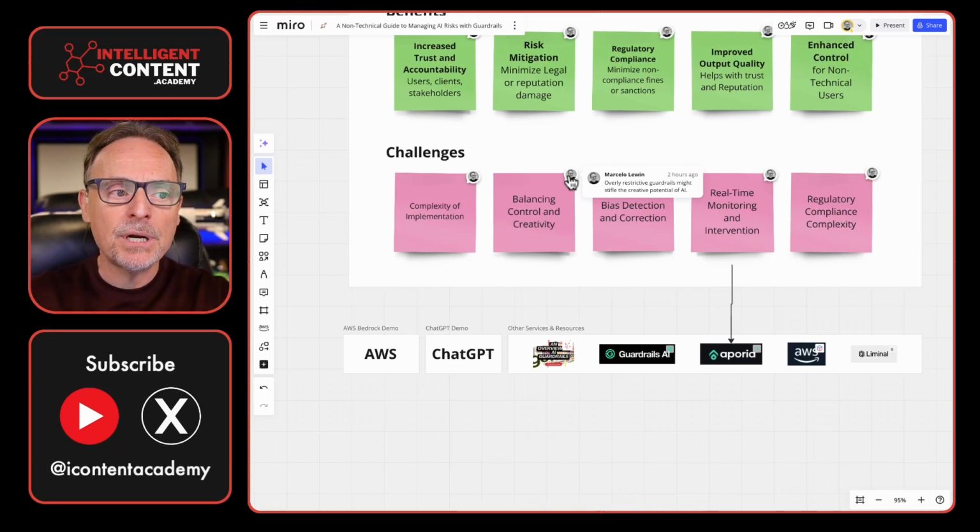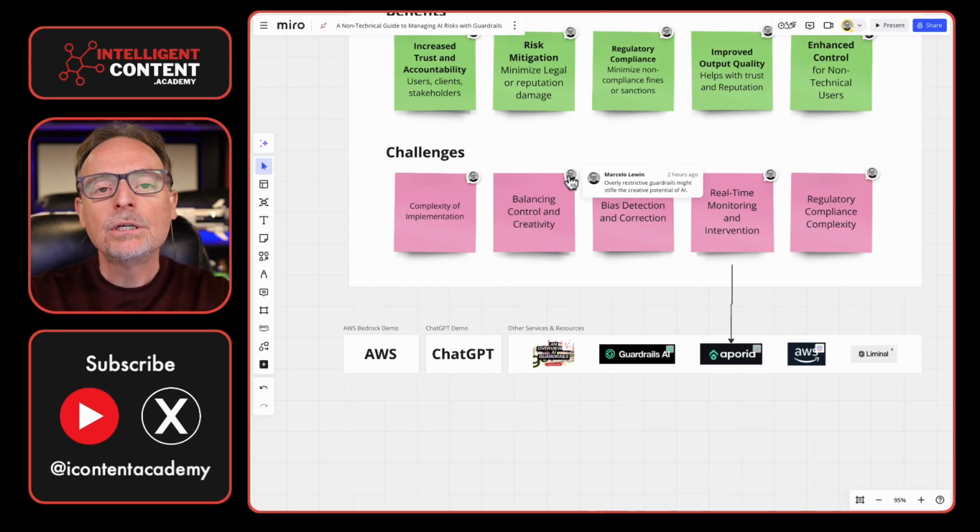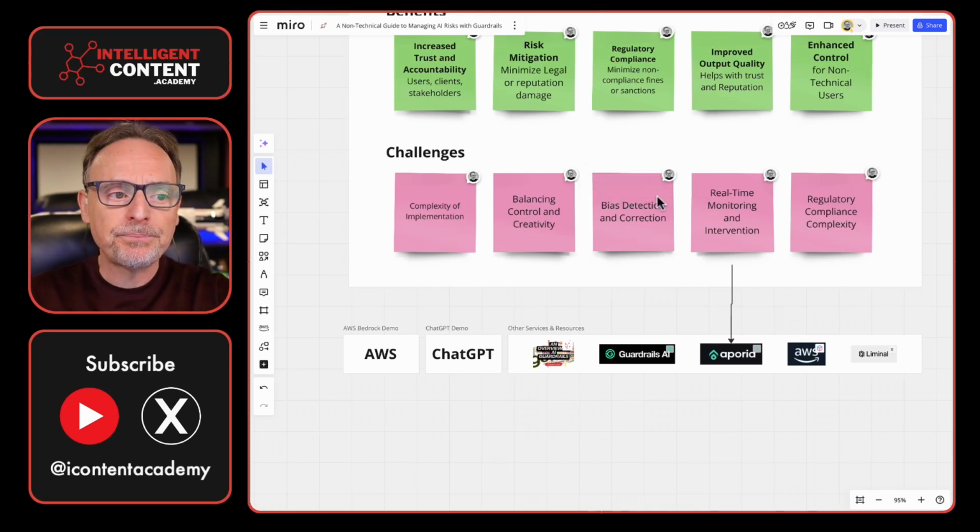Same thing with AI, right? The more guardrails you put, the more you're building a box around it, which means that you're really narrowing down all the possibilities that the AI engine, the large language model, can do. But sometimes you may have to do that. So it's a balance that you'll have to play.